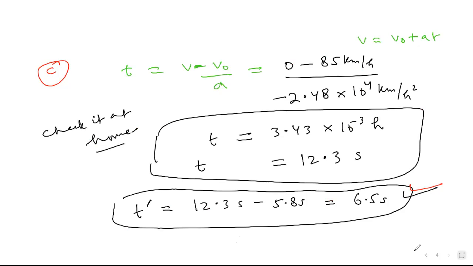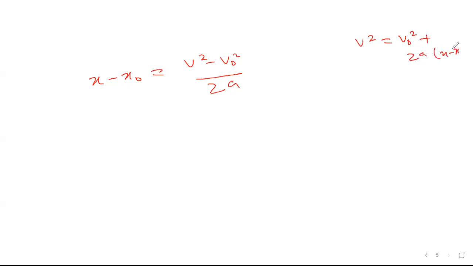Now to find the distance, we will use x minus x naught equals v squared minus v naught squared over 2a. We are using v squared equals v naught squared plus 2a times x minus x naught. From this equation, I solve for x minus x naught, which is v squared minus v naught squared over 2a. So I substitute v as 0 and v naught as 85 kilometers per hour, squared.